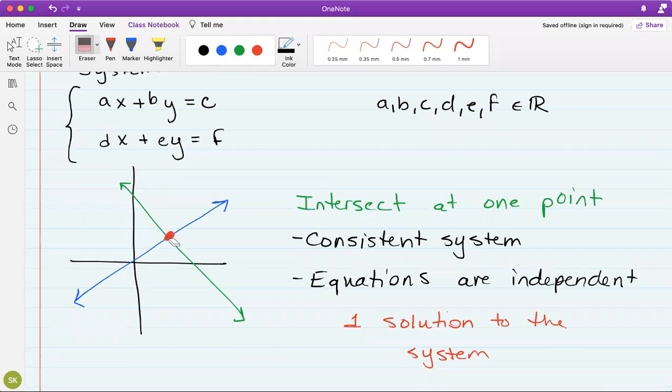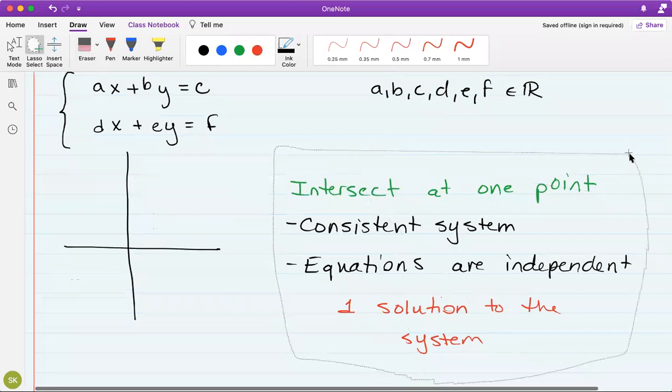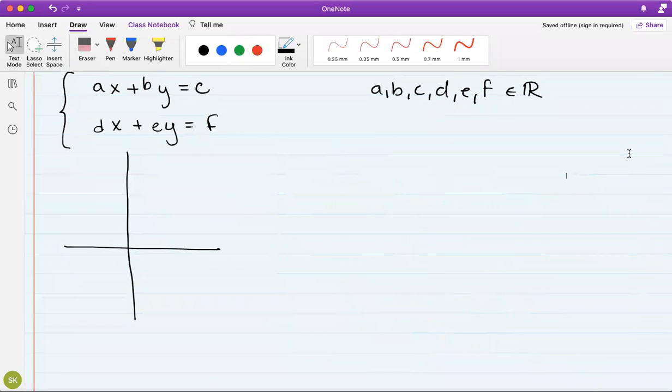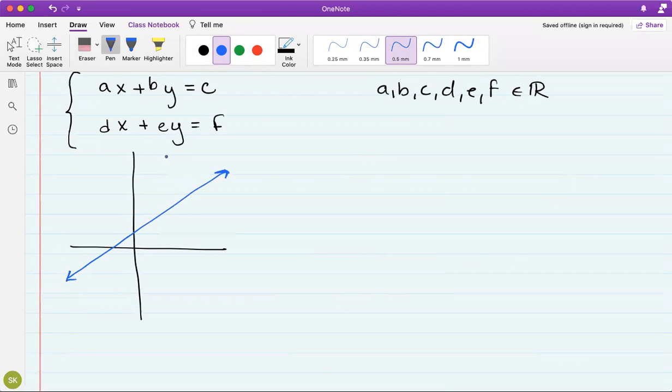Now, can 2 lines intersect in more than one spot? The answer is yes, but if they intersect at more than one spot, they intersect at infinitely many spots. And that's because something else that can happen is that this first equation gives you the equation of a line, and the second equation gives you the same line.